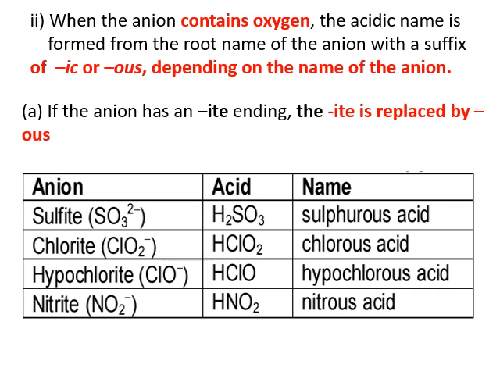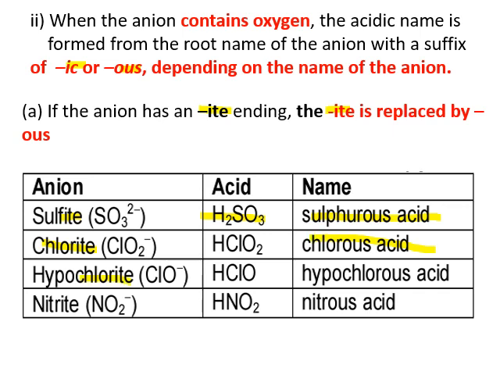Now if we have an anion that contains oxygen, the acid name is formed from the root name of the anion with the suffix -ic or -ous, depending on the name of the anion. If the anion ends in -ite, the -ite is replaced by -ous. Look at sulfite, the -ite will be replaced by -ous, so it becomes sulfurous acid. Chlorite will become chlorous acid.